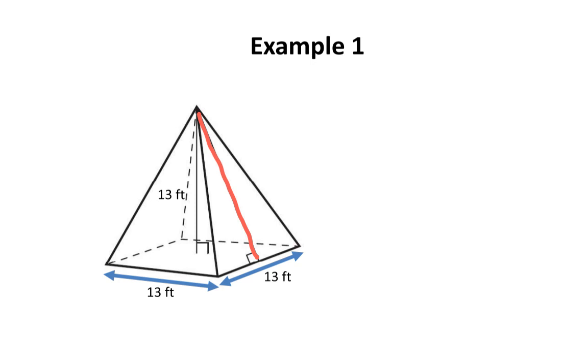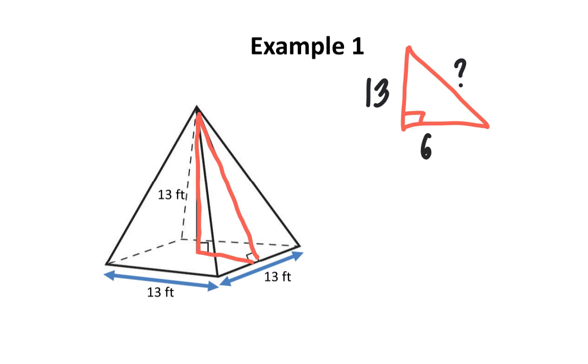To do that, you'll need to see a right triangle within this square-based pyramid. That's a little bit difficult to do, so I'm going to draw that on the side. We're trying to find this, but what about the bottom of this triangle? The bottom of this triangle would be half of 13 feet, which would be 6.5.